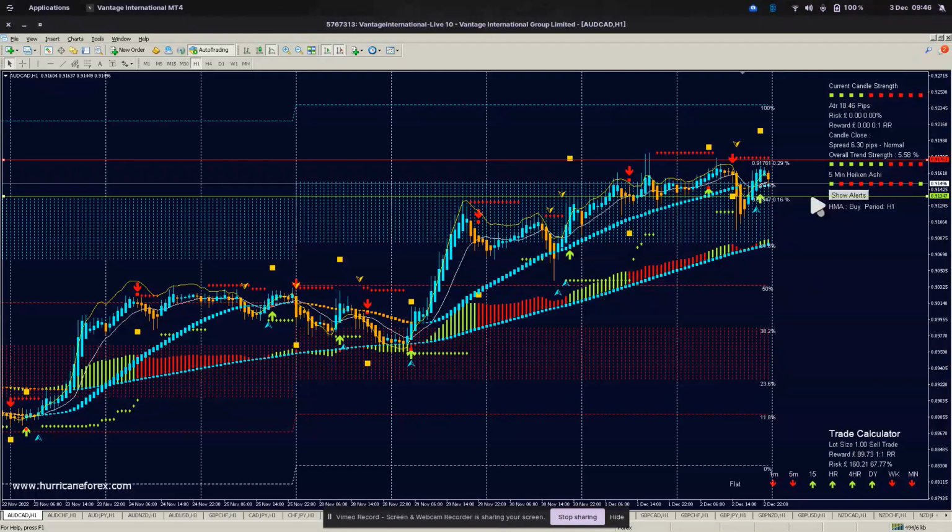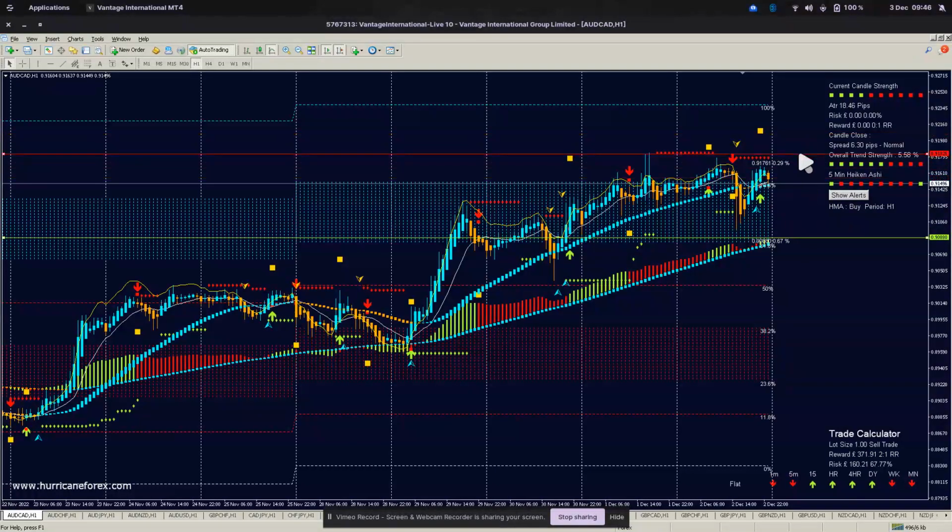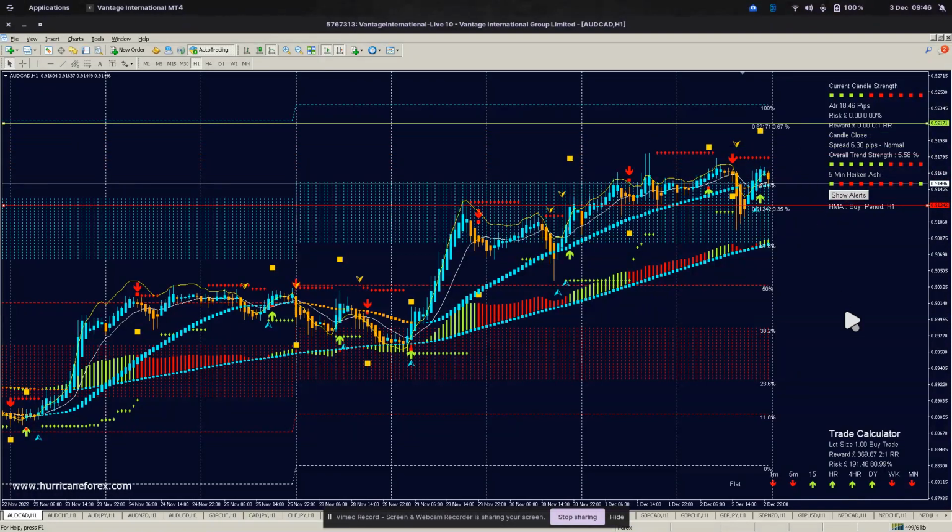You've got trade calculators. Look at this. I can drag this down here, move this up to here. So if I want to work out a short, for instance, it says sell trade. It works it out automatically for me. If I want to swap it around the other way and make it a buy trade, it'll do that automatically and tell me what my risk reward is.